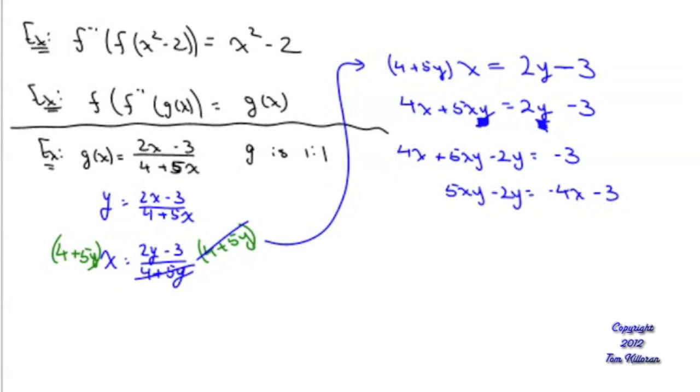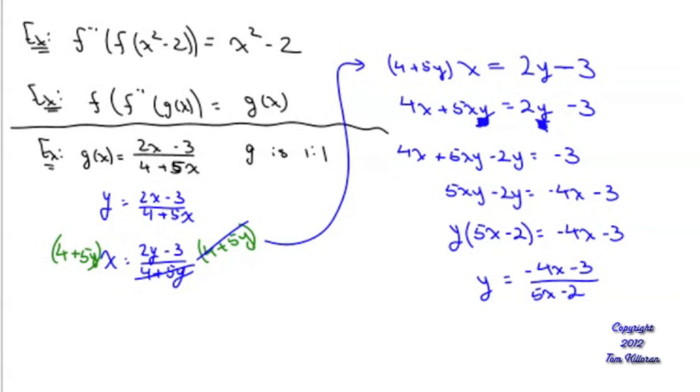Factor. What can I factor? The y is the only thing I care about, so I'm going to kick out the y. What's left behind is 5x minus 2, and that is equal to negative 4x minus 3. Divide by 5x minus 2. So you get y equals negative 4x minus 3 over 5x minus 2. Woohoo!